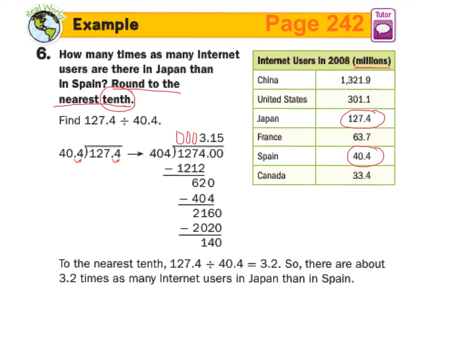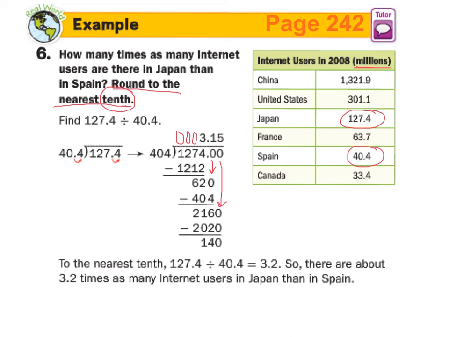Then they annexed those zeros and brought down the 0, and they knew that they could only take out one group of 404, so they wrote that down, subtracted, and they got 216. They brought down that other annexed 0, and they found that it went in there 5 times, and they got 2020. They subtract, and they still had a remainder, but because the problem said we can round to the tenths, I can stop because I'm at the hundredths.